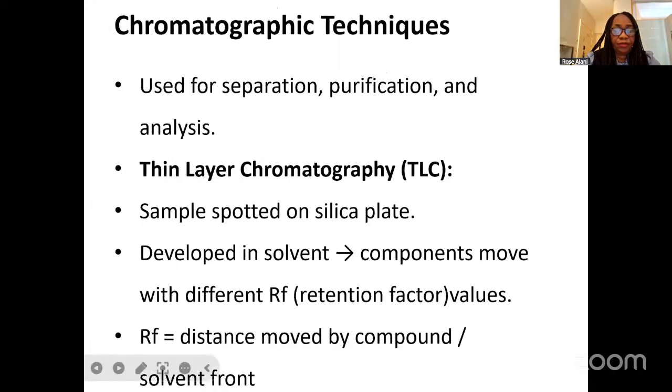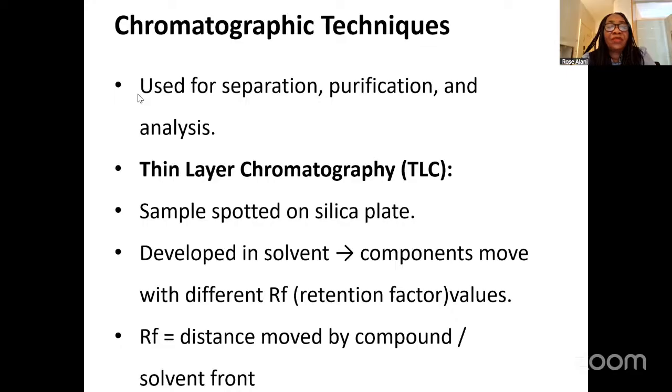So you have your chromatographic techniques that are used for separation, purification, and analysis of organic compounds.